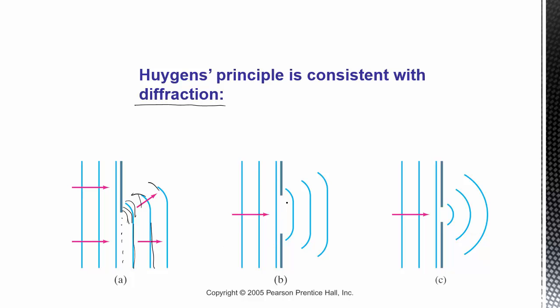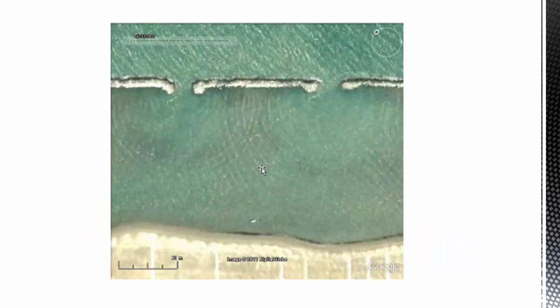And if we have two barriers, you get bending on both sides, and then you get them adding up to nice straight wave fronts in the middle. And if we get the barriers short enough relative to the wavelength of the incoming waves, then you can basically single out one of these point sources, and then you just get spherical waves coming out. And this happens with water waves and all types of waves.